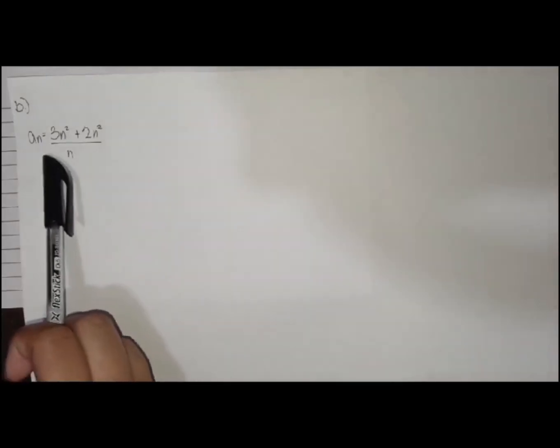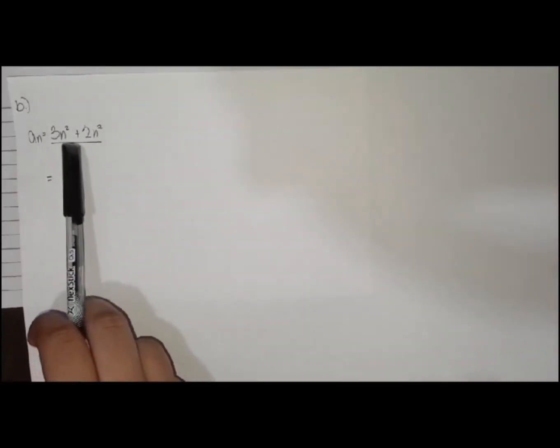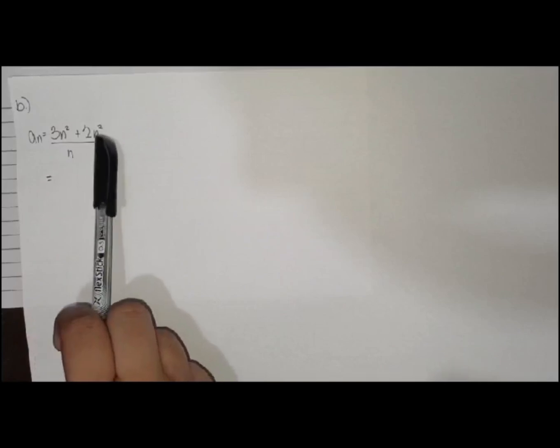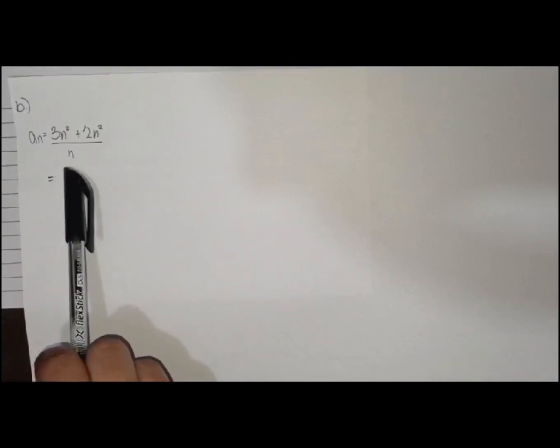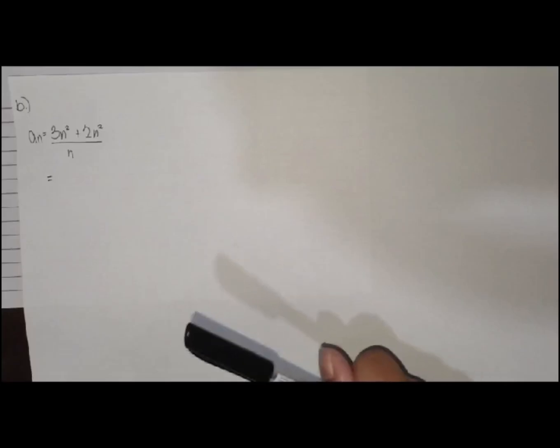So for the second example, the given formula is a sub n is equal to 3n squared plus 2n squared over n. To find our first term, let us substitute the value of n into the formula, which is 1. So n is equal to 1.